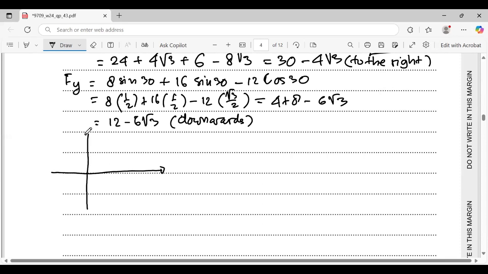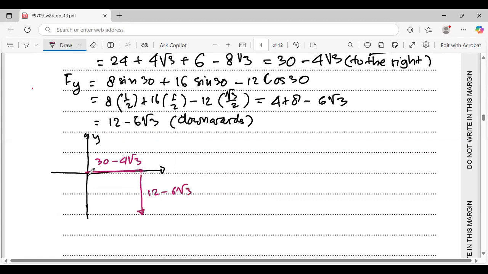Based on this information, on the x-axis, the force is to the right, 30 minus 4 square root 3. And after that, downwards in front. This is Fy, 12 minus 6 square root 3.